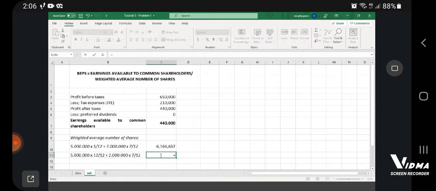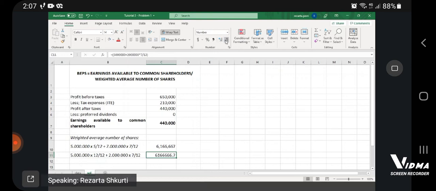So basically, using the Excel formula, it would be 5 million plus 2 million, which is multiplied by 7 and divided by 12. And this is the amount of shares. Basically it is the same as before.